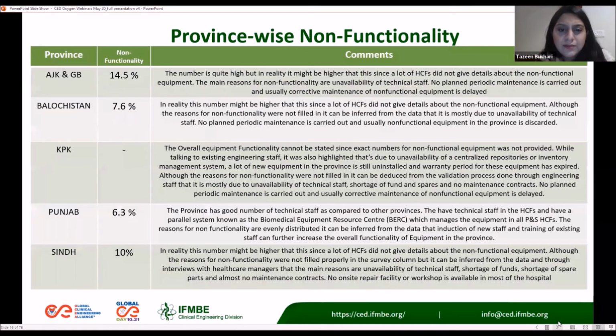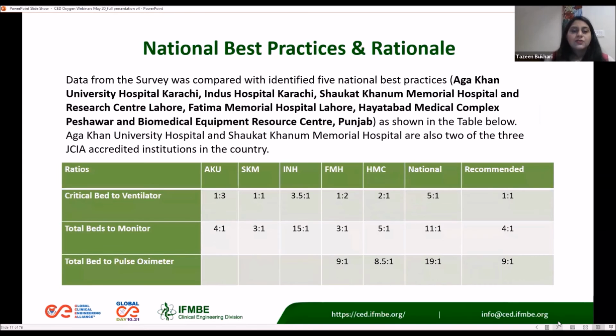Can you move to national best practices now? I've already covered this. Once we had the data, we selected 5 national best practices. These were five hospitals: 2 from Punjab, 2 from Sindh, and 1 from KPK. Two of them, Shaukat Khanum and Aga Khan, are JCI accredited, while others are good centers as well.